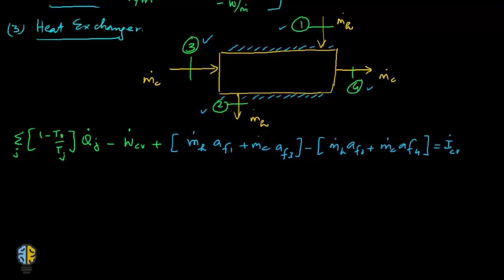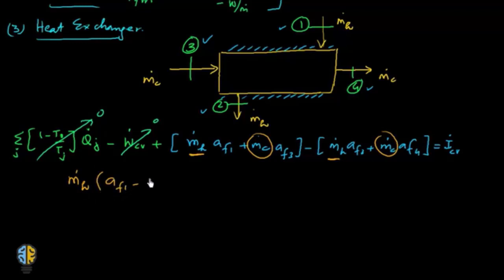So I can say that this value will become 0, and also there is no shaft work involved, so this will also become 0. Okay, so the whole equation then becomes, after combining M dot H and M dot H and then combining M dot C and M dot C, so you'll get M dot H into AF1 minus AF2.